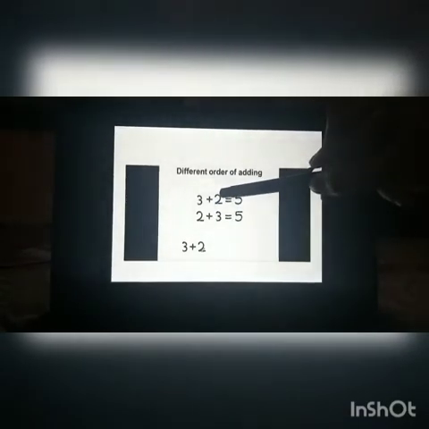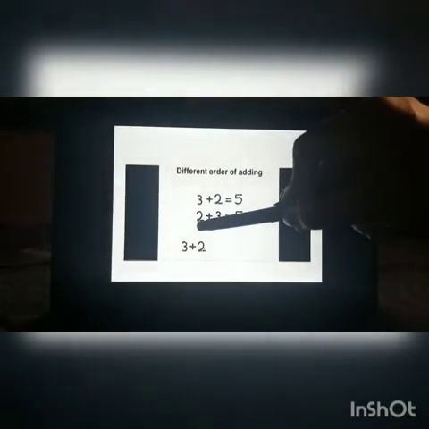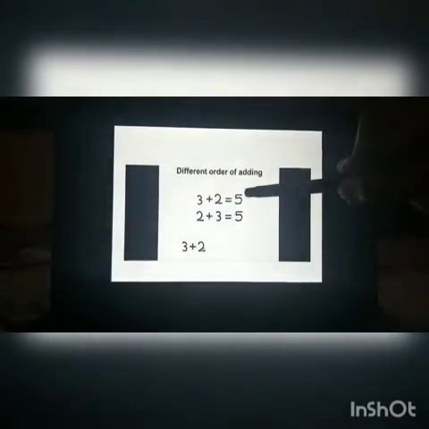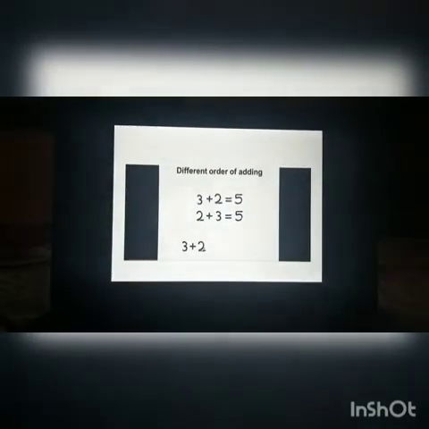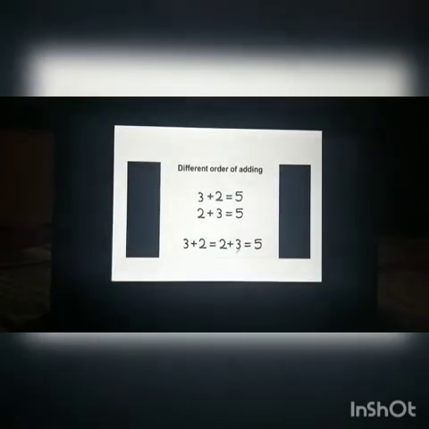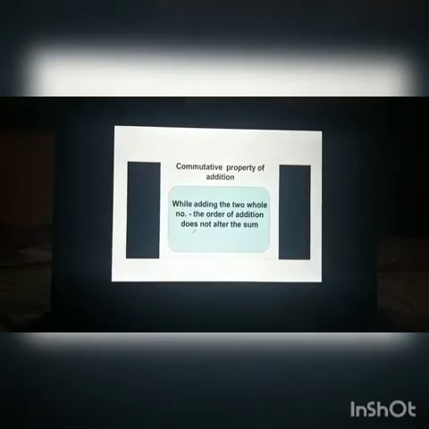Either write 2 at second place or write 2 at first place. The answer will be same, that is 5. So 3 plus 2 is same as 2 plus 3 and both are equal to 5. So you can write the numbers in any order. The sum will not change.